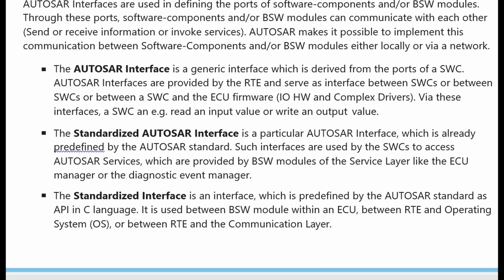In communication services we have CAN network management, that is CAN NM, CAN state manager, CAN TP transport layer, COM, Ethernet, FlexRay, LIN networks, PDU, XCP, everything here. Diagnostic communication manager, that is DCM. DCM is nothing but UDS, Unified Diagnostic Services.